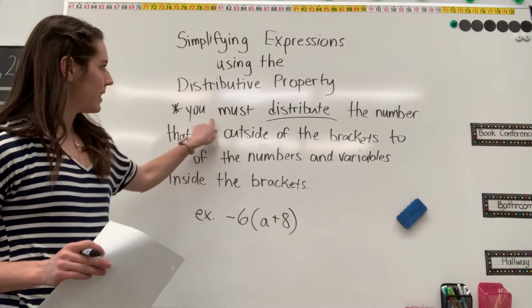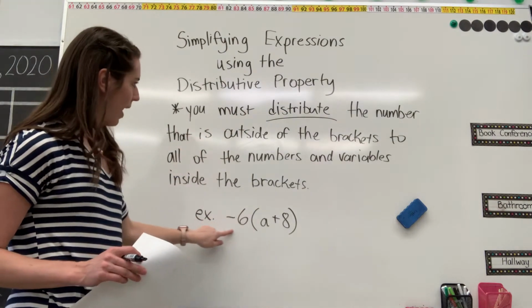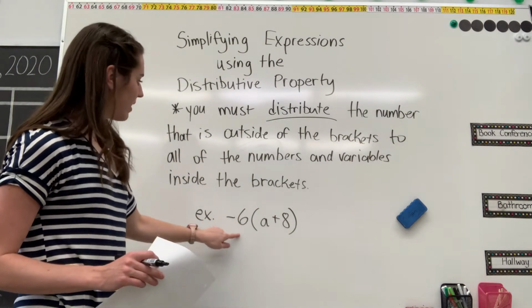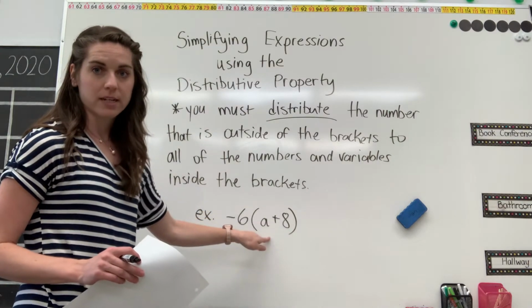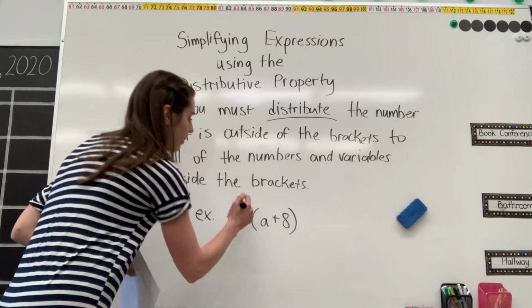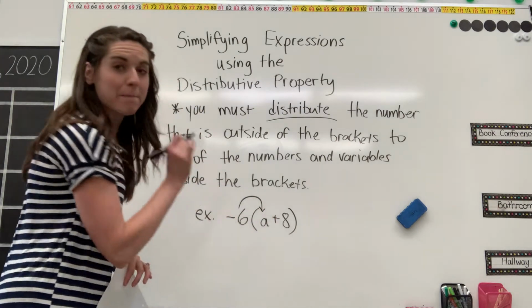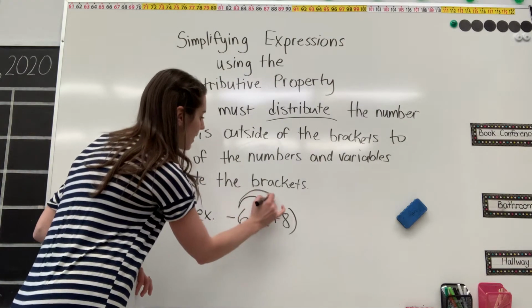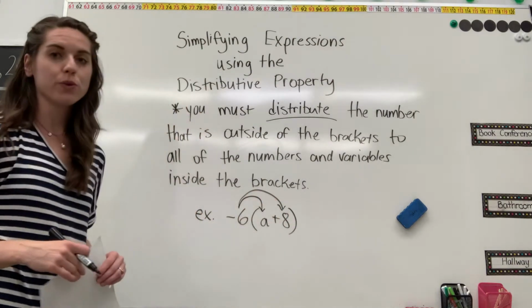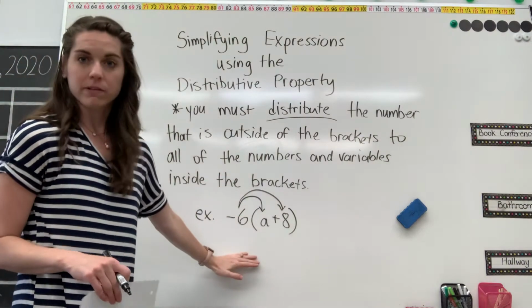Now, we must distribute the number that is outside of the brackets to all of the numbers and variables that are inside the brackets. So I'm going to make little arrows to show you. So -6 must be distributed to A, and it must be distributed to 8, okay? And now we just simplify.